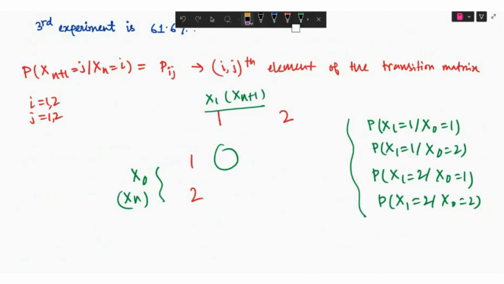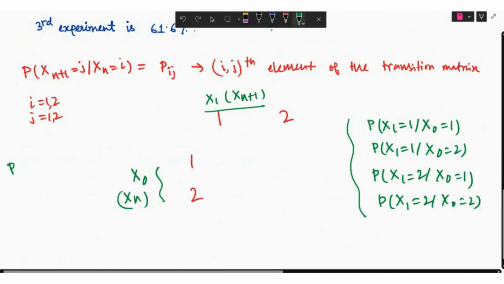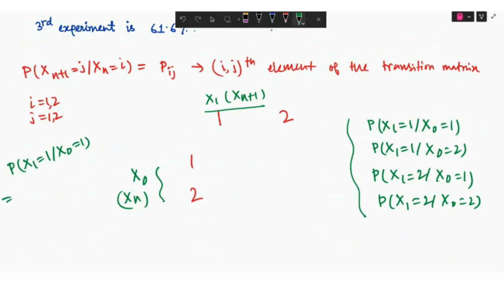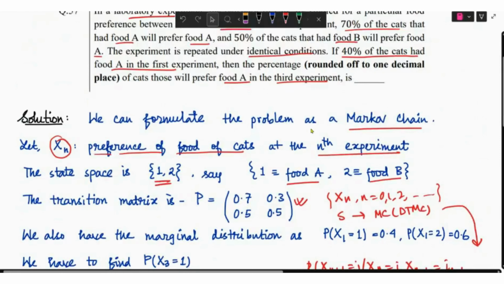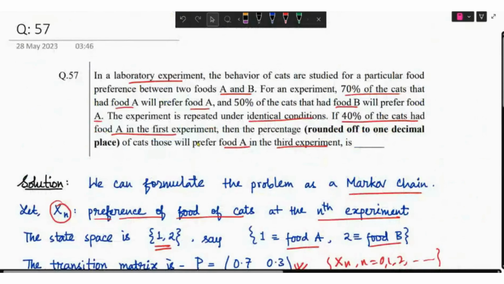So let us first find the probability of X1 equal to 1 given X0 equal to 1. How do we find this? The probability of X1 equal to 1 given X0 equal to 1 basically means X1 is the preference of food of cats at the first experiment, and X0 is what the cats initially had.